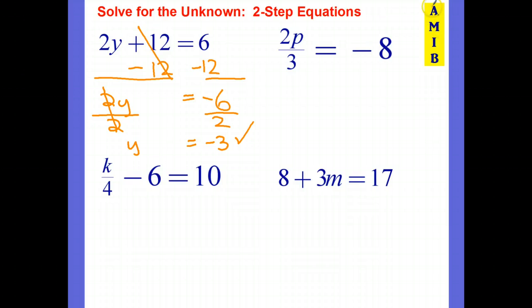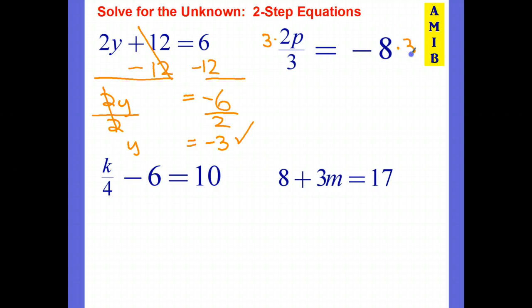Looking at the second example, again there are 2 operations, a multiply and a divide. In this case, we don't have any adding and subtracting, but we do have both a multiply and a divide. We could do either of those first, but I always like to get rid of the fraction as soon as I can. So I'm going to start by multiplying both sides times 3.